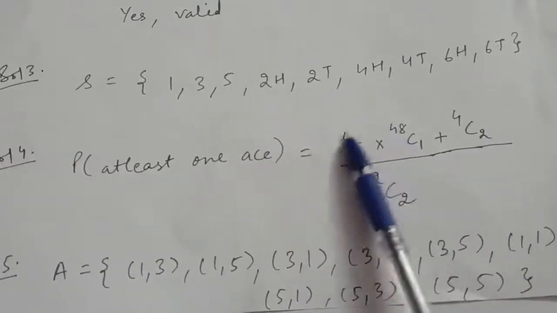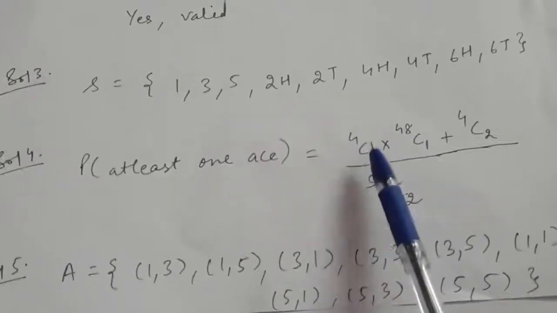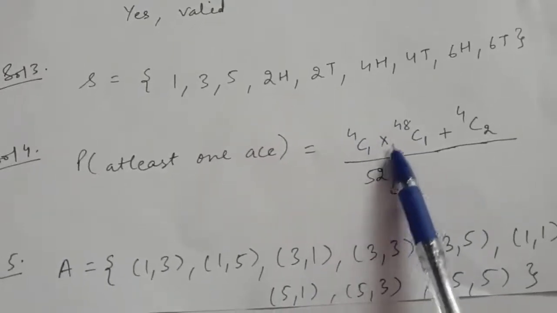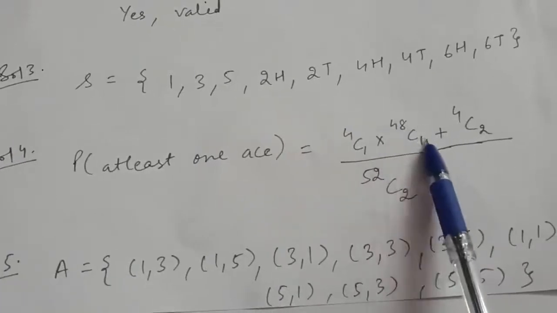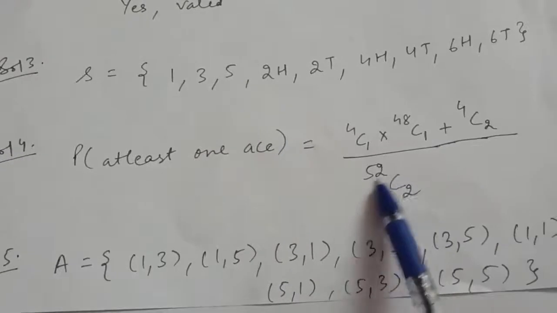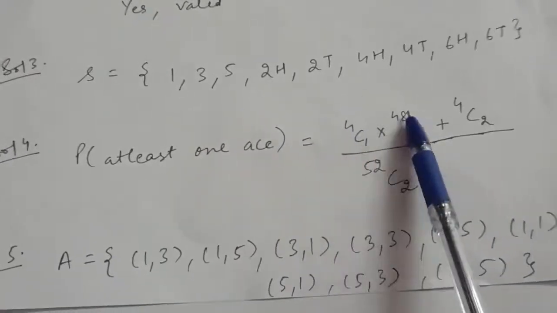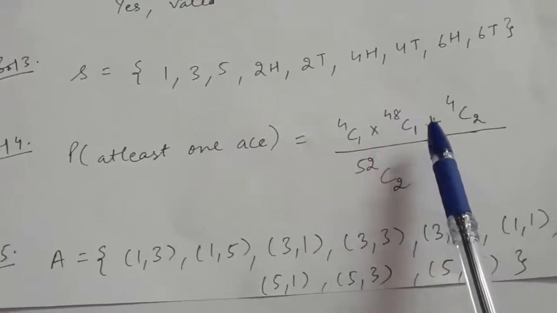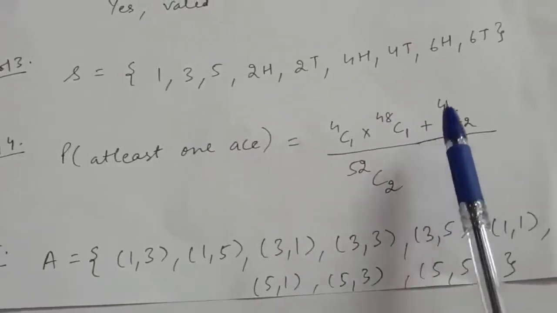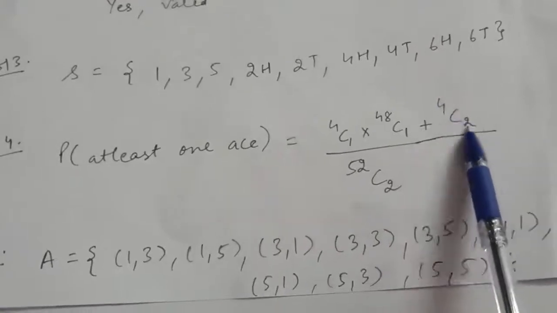So the first case is one ace, that is out of 4 we want to select one ace, into from the rest of the cards we will select one card, that is 48C1, right? Because out of 52 if we take 4 aces, then the left cards will be 48. Plus the second case is if both the cards are ace, then it will be 4C2, right?